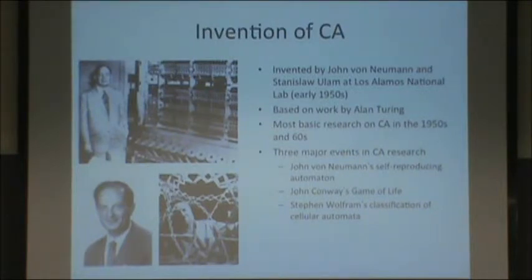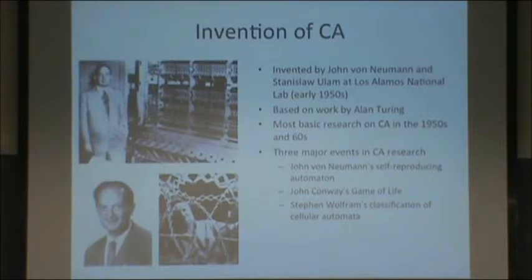So based on his work in the early 50s, John von Neumann and Stanislaw Ulam at the Los Alamos National Lab first somewhat independently started working on that concept, and then they joined efforts, and they gave rise to some really active research in the 50s and 60s that was pretty active up until the 80s.